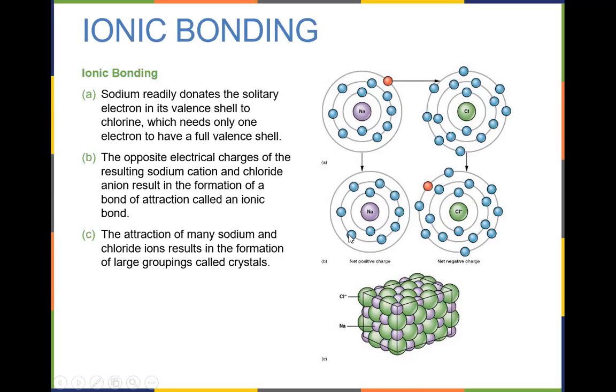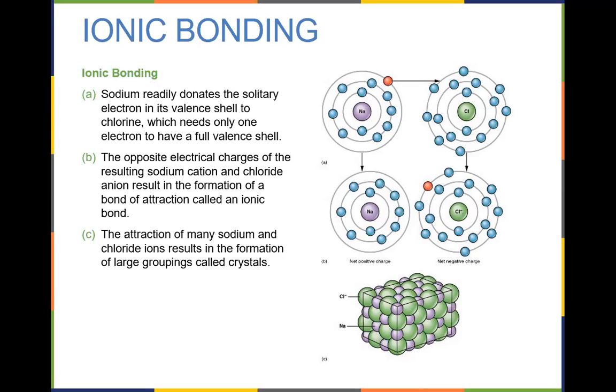So now we have a sodium ion and a chlorine ion, and they are attracted to each other and they form crystals, salt crystals. That's what a salt crystal looks like. The salt crystal is nothing but sodium ions and chlorine ions attracted together electrostatically. It's a very fragile bond. It breaks very, very easily in water. Salt goes into solution very easily.